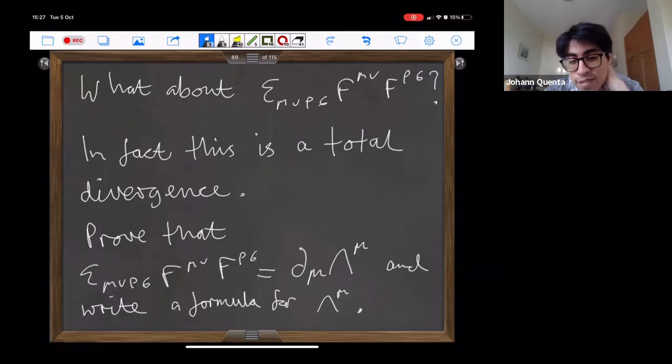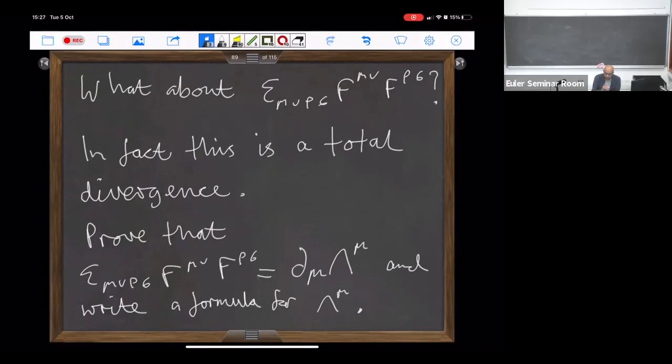Professor, I wanted to ask if there's any book you would recommend for this part of the course? Yeah, actually this part, the Maxwell part, is Landau and Lifshitz. I think I have exactly the same conventions as them.